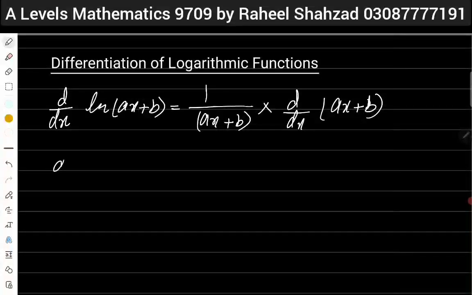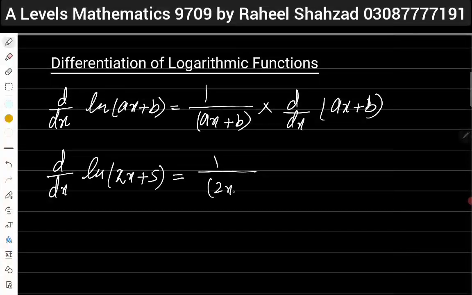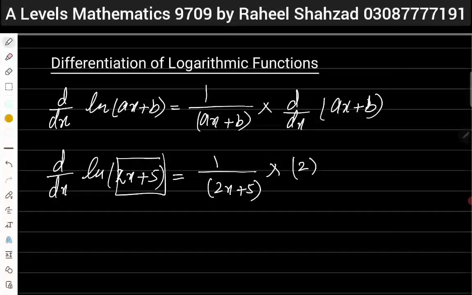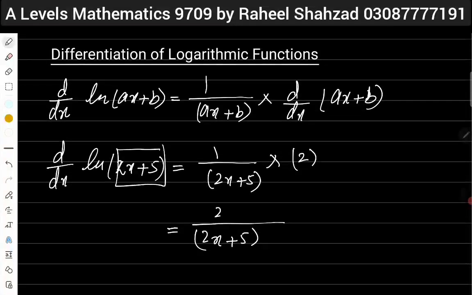For example, we need to find the derivative of natural log of 2x plus 5, that will be equal to 1 divided by 2x plus 5 into the derivative of this angle. The derivative of 2x plus 5 is 2, so that is going to be 2 divided by 2x plus 5, right?